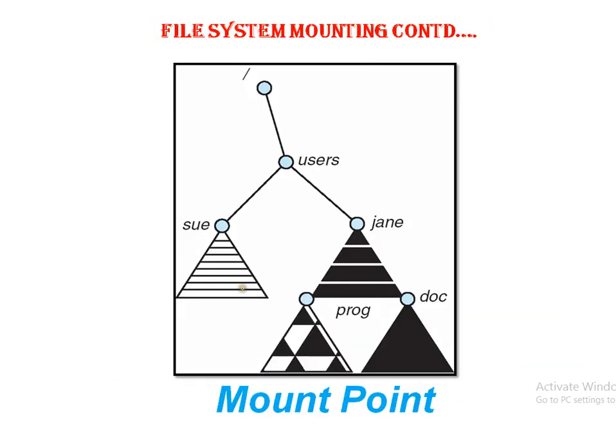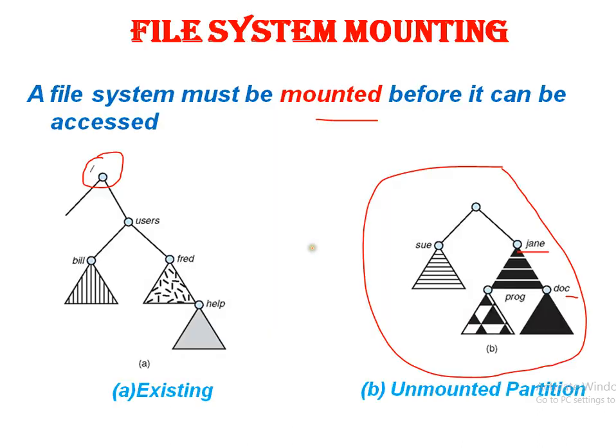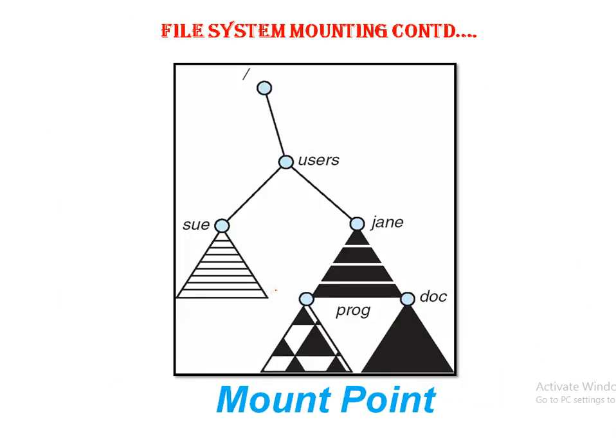So this is what I mean to tell here. We have /users/fred/help. Instead of that, I'll be mounting this particular partition, that is /users/jane/doc. So this is what is called the file mounting system.